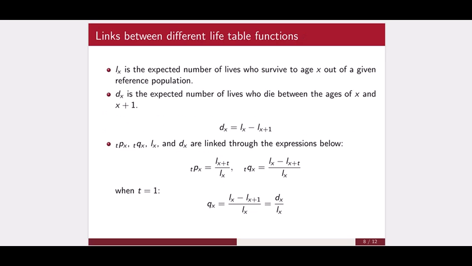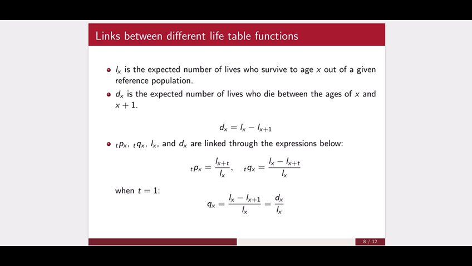We now look at the different links between the life table functions. We introduce two more life table functions known as lx and dx. lx is the expected number of lives that survive to age x out of a given reference group. dx is the expected number of lives that die between the ages of x and x plus 1.